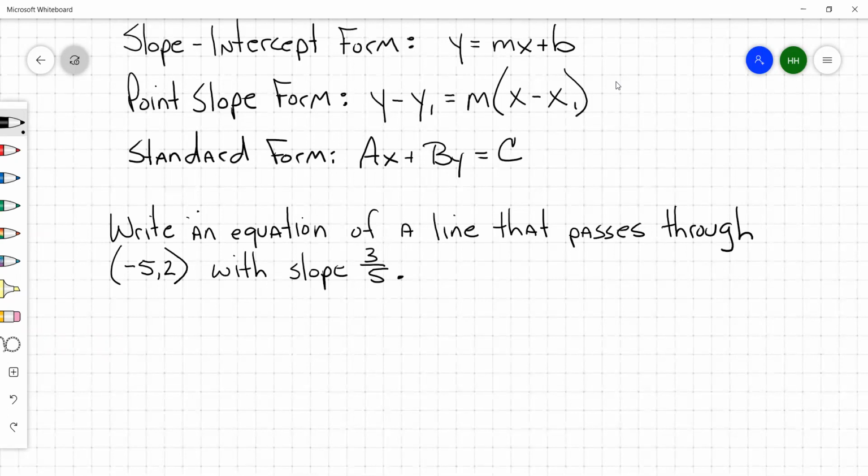So this point that you're given, these values, this is your x sub 1, and this is your y sub 1. And this slope, we talked about it yesterday, is also your m.